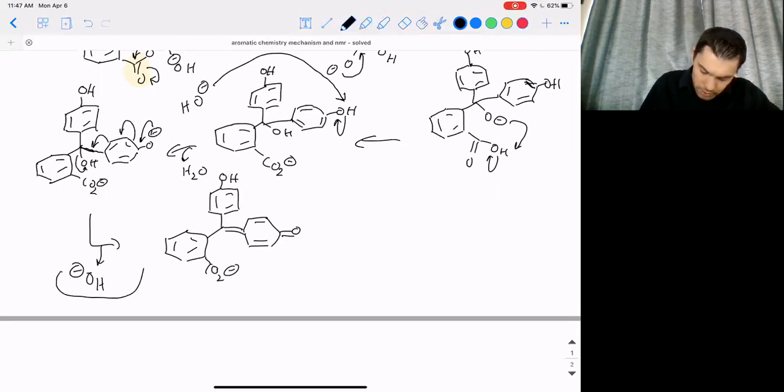And then we can use that hydroxide to deprotonate the phenol, and then that would get us to the product.